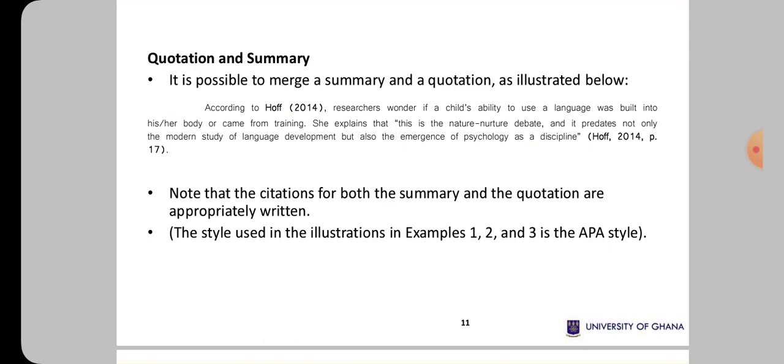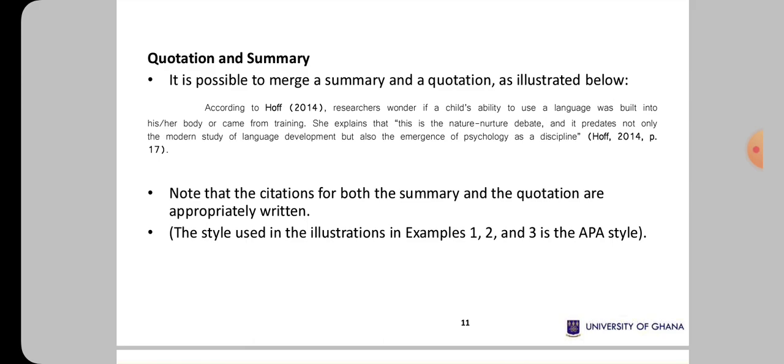So according to Hoff, 2014, researchers wonder if a child's ability to use a language was built into his or her body or came from training. So you get it. The first sentence is a summary: researchers wonder if a child's ability to use a language was built into his or her body or came from training.